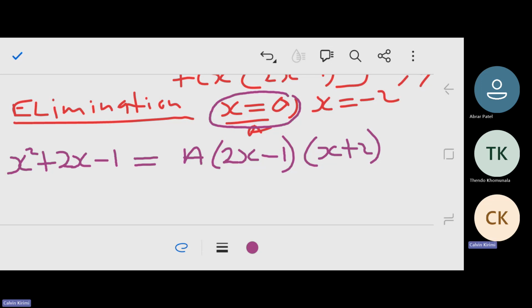So from here, now you expand the bracket so that we equate coefficients. So it will be A, bracket 2x squared plus 4x. Where is the 4x coming from?